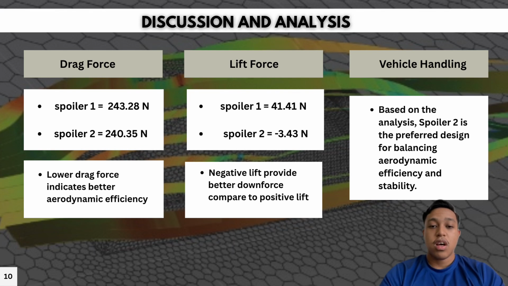So we can say that spoiler 2 can give downforce for a car cruising at high speed, more than 110 km per hour, without any problem of lifting off the ground. So from the drag and lift force values, it will give the vehicle balanced aerodynamic efficiency and stability. So spoiler 2 is the preferred design for our analysis.